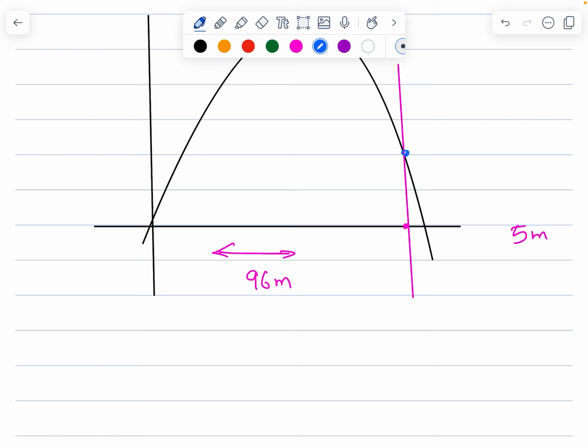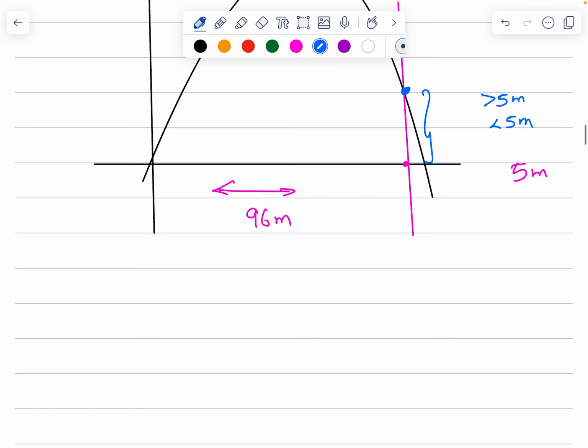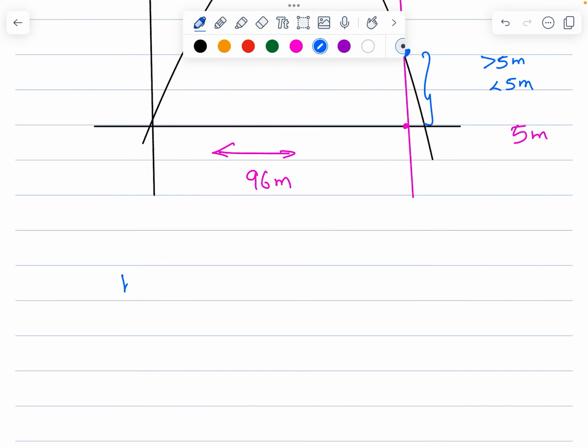So we need to check whether this height is greater than 5 meters or less than 5 meters. So I'm going to find the height. Height at 96: substitute there, minus 0.01 times 96 squared plus 1.04 times 96 plus 0.66. So what is that?